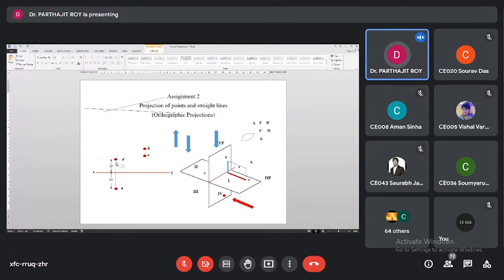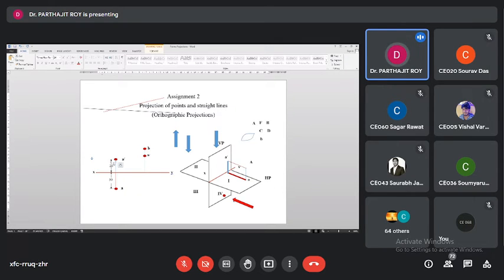So the projector, when I show the projector, both the front view and top view will be on the same projector. Isn't it? We have taken point B 25 millimeter above the horizontal plane.